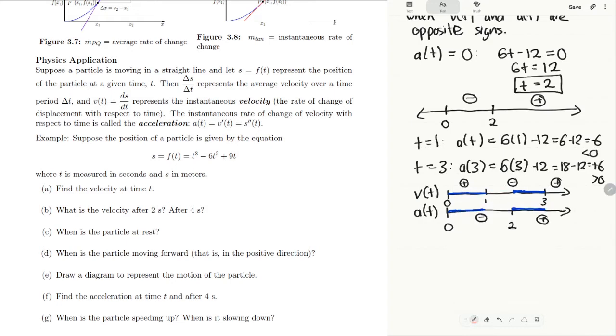They have the same sign if time is between 1 and 2 seconds, or from 3 to infinity. That tells us that the particle is speeding up on the interval from 1 to 2, union 3 to infinity.